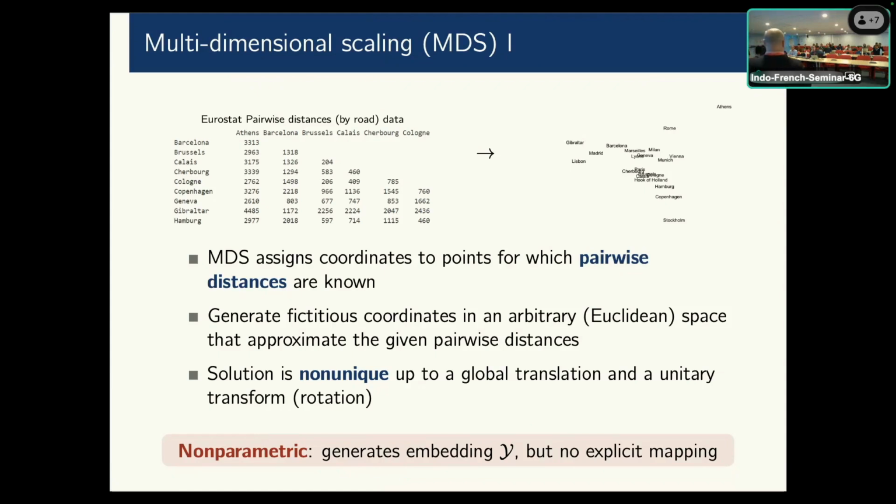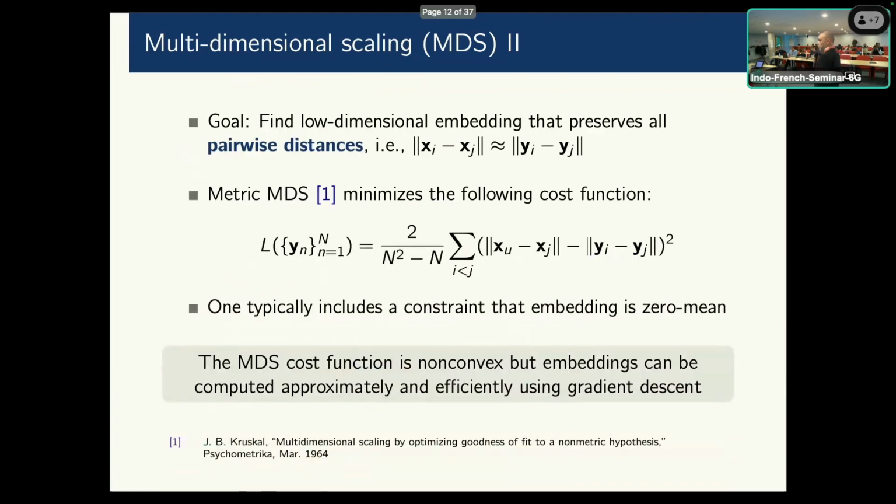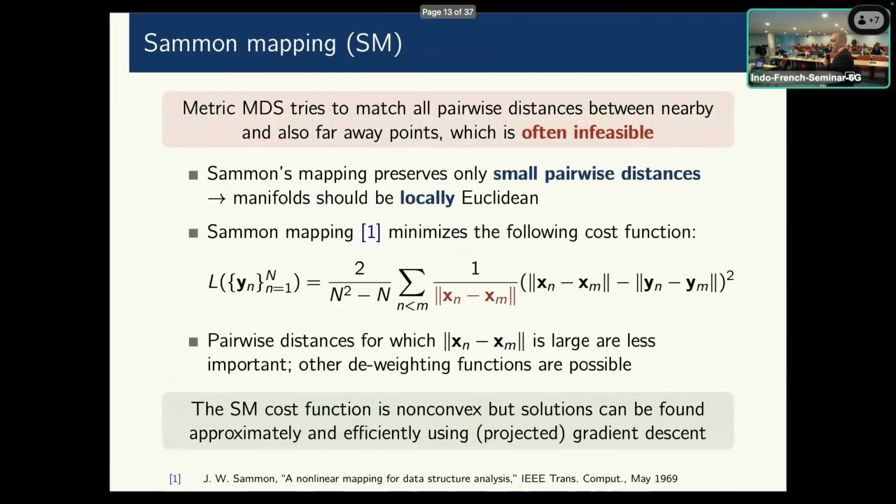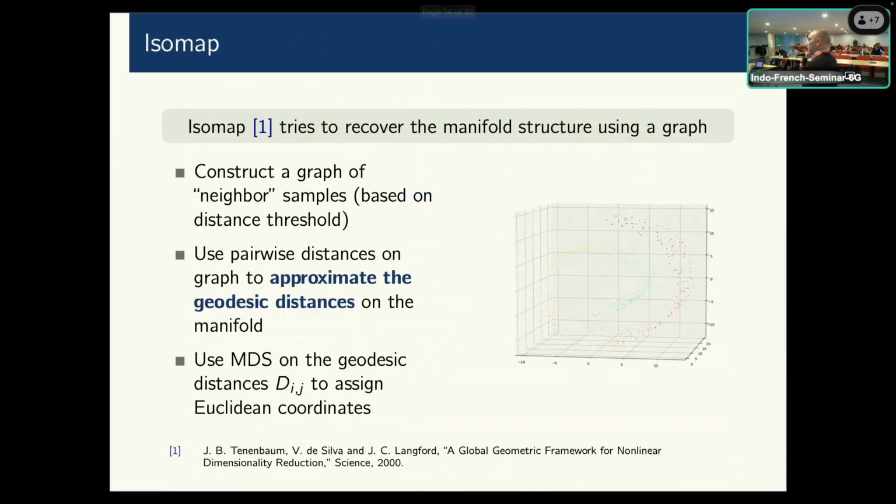If I take any solution and flip it or rotate it, I don't change the pairwise distances, right? So if all I know is this, it is a perfectly acceptable solution. And we are going to have this property again in the channel charts. Okay, so this is multidimensional scaling, but how is this related to channel charts? Okay, let me skip the math behind it.